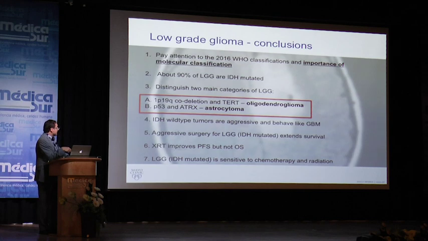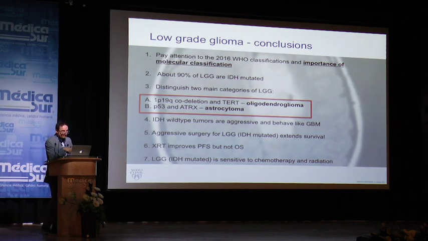So to summarize my talk, the 2016 classification definitely changed the way we view gliomas. Keep in mind that about 90% of low-grade gliomas are IDH1 mutated. Distinguish different categories of gliomas. So, again, look to your pathologist to tell you what the molecular flavor of the tumor is.